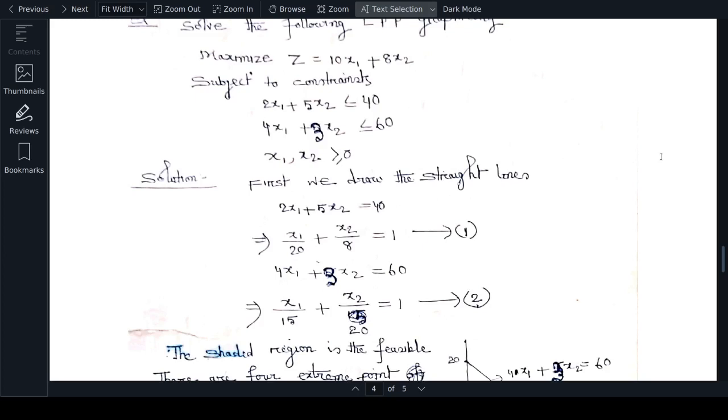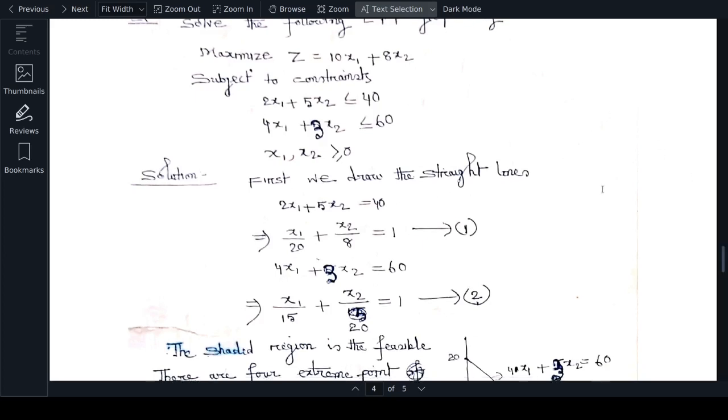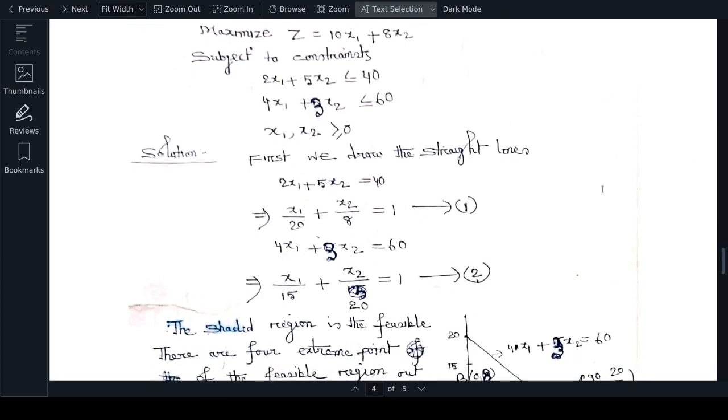What is the name of this equation, x1 by 20 plus x2 by 8 equal to 1? Have you learned it at HS level? For a straight line equation, this is called the intercept form.